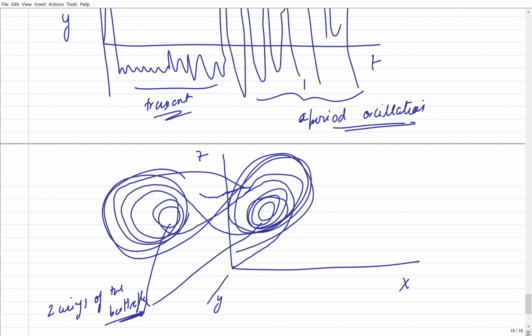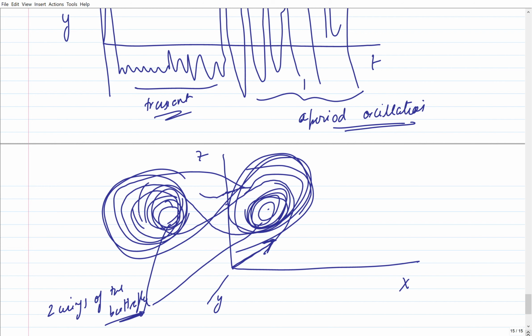So even though the trajectories appear to cross each other, this is just an artifact of projecting something in 3 dimensions onto a 2-dimensional plane. The trajectory starts at the origin, then goes to one of these, revolves, then goes to the other and makes revolutions. These are the 2 fixed points. Again it goes over here.